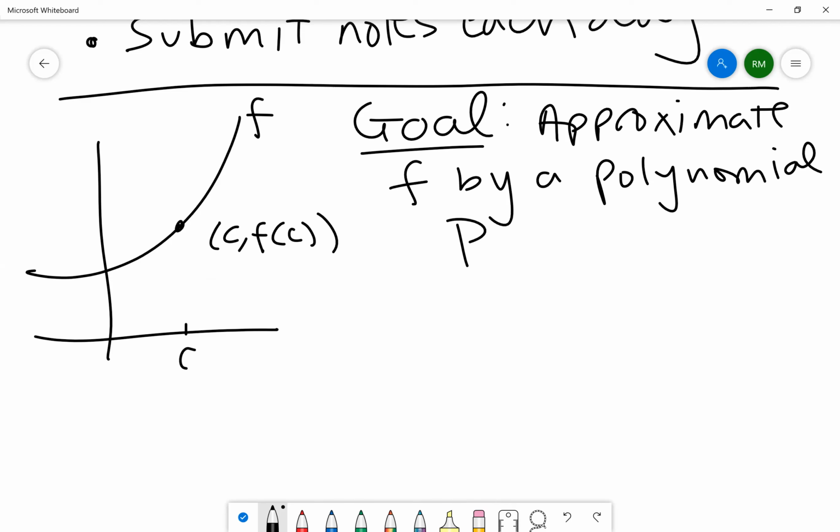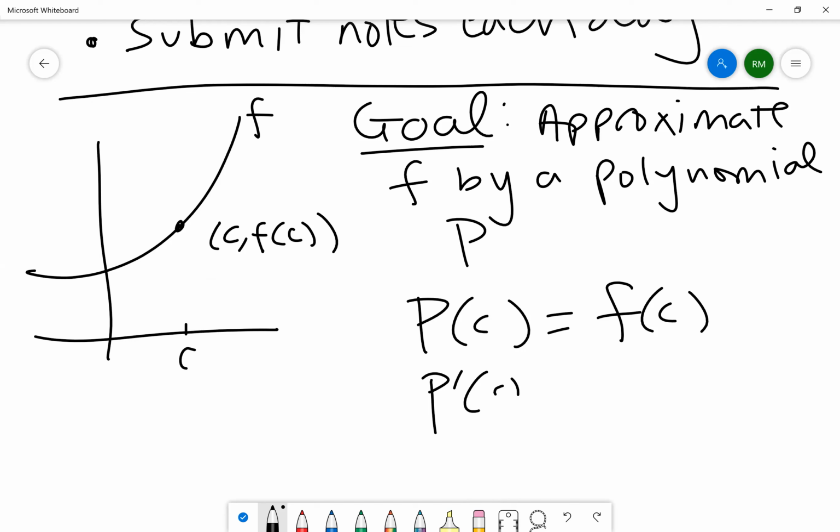So let's think about a polynomial that has the same value at c as f does. What really basic polynomial do you know that is equal to the function there? And furthermore, let's say we want their derivatives to be equal.